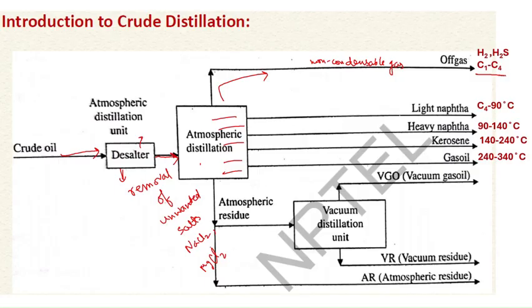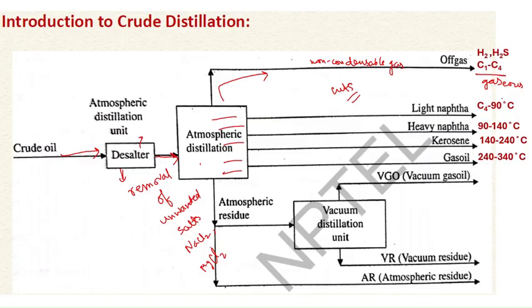They are basically the lighter hydrocarbons which are present in gaseous form. Basically, the products which we take out from the distillation column are called cuts, so we will be calling them cuts for convenience. Different cuts are taken out from the different trays of a distillation column.